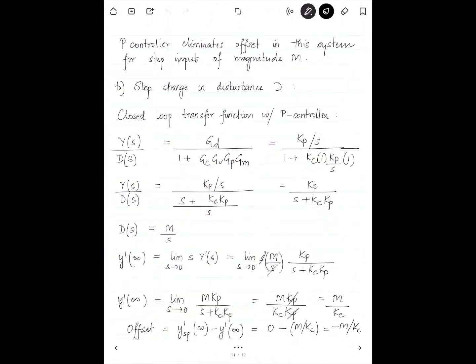So let me just quickly go back to the previous solution and add in this detail. And here we have the final solution.